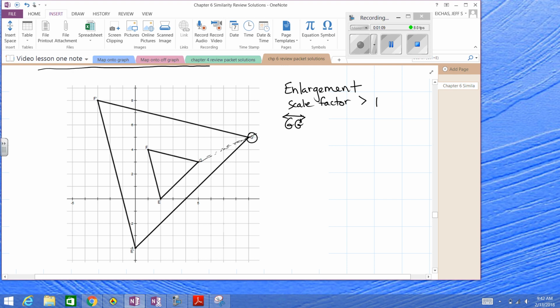The line connecting G to G prime contains the center somewhere. So it looks like this slope keeps going over 2, left 1. Somewhere on this line is the center. It's looking like it's going to be right there. Let's find out.